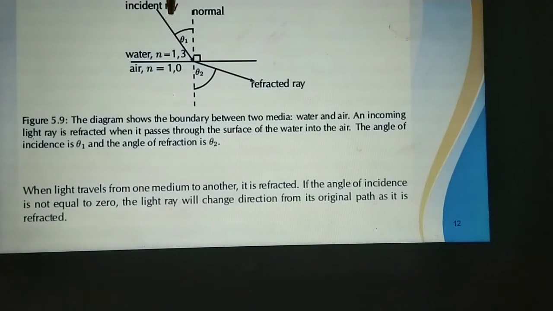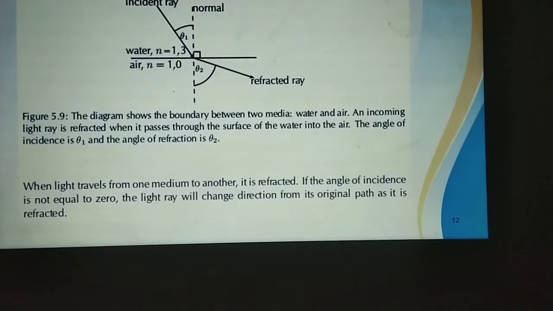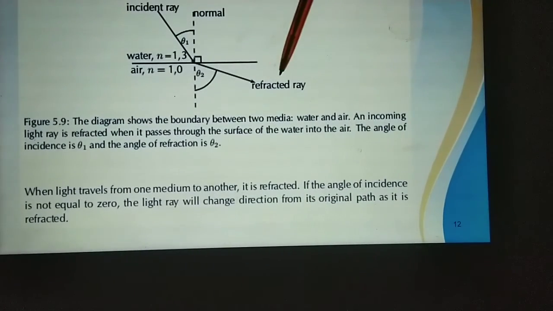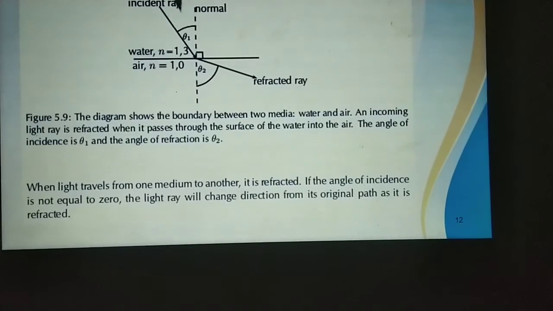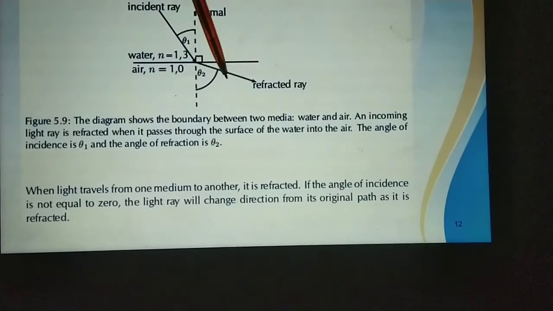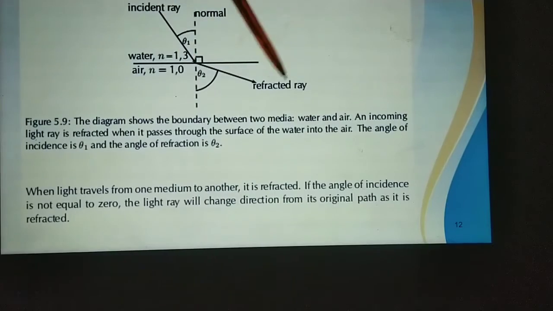Now in this case, if you check, incident ray, do we have the angle? Let us continue. I was having a challenge with the battery. So in the diagram, we do have a refracted ray. The normal line is here. Between the normal line and the refracted ray, we do have an angle here. This is the angle of refraction.